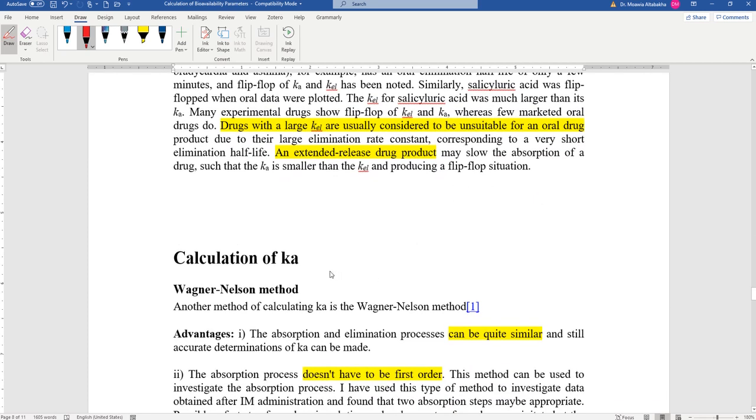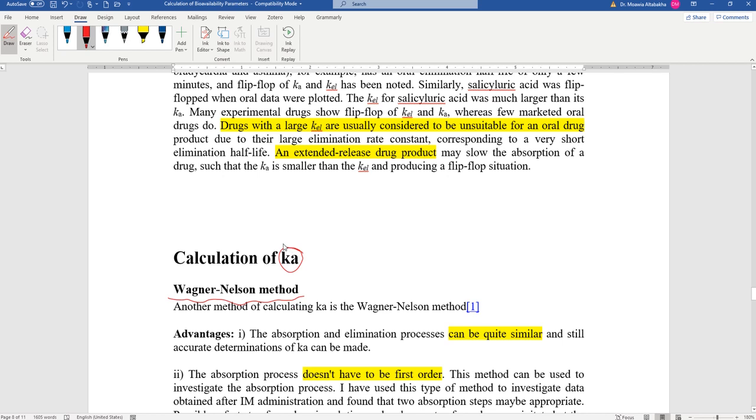Okay, the last thing I want to talk about in this video, briefly, is the Wagner-Nelson method. I'm not going to talk about how to use this method, even though it's quite important, but we want to talk about the advantages and disadvantages of the Wagner-Nelson method to calculate KA. Please note that so far I'm only talking about KA.